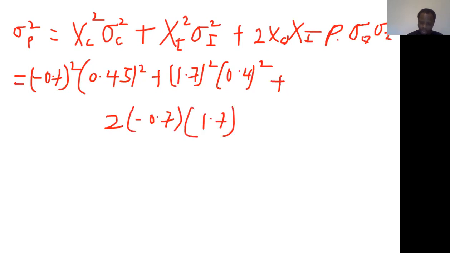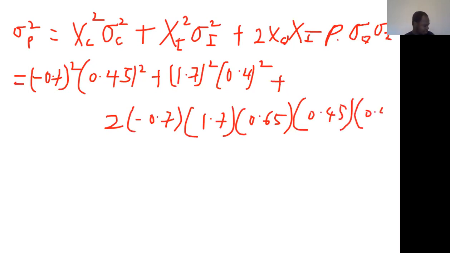And the correlation is 0.65, and then multiplied by the volatilities, which are 0.45 and 0.4.